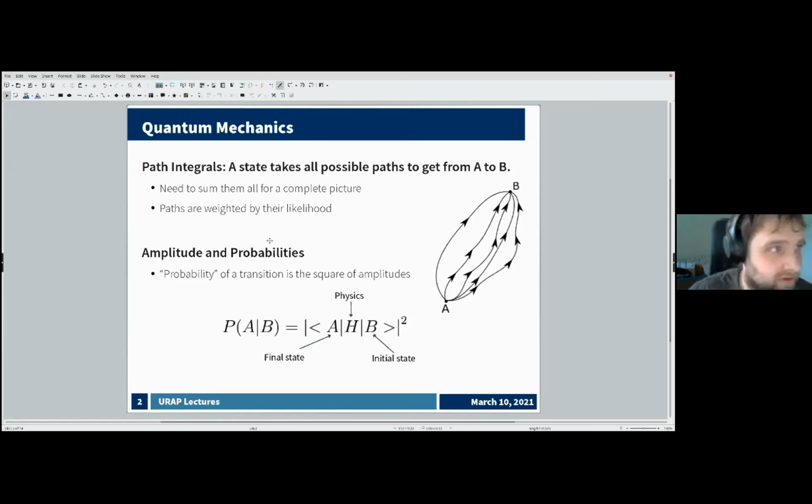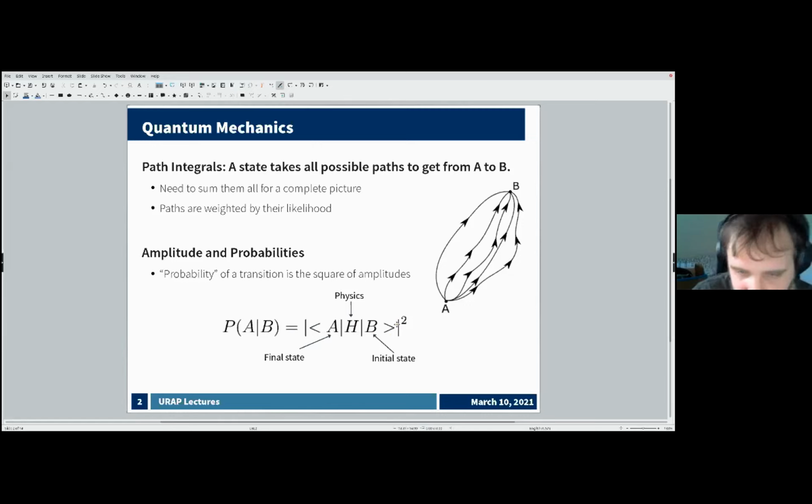The second thing that you need to know from quantum mechanics is the idea of amplitudes and probabilities. An amplitude is just a calculation that, given final state A with initial state B, and I think I mistakenly reversed the letters here, but anyway, to go from state B to state A with physics H in between, as I tried to show using what is called bracket notation, the things between the angle brackets, that's the amplitude.